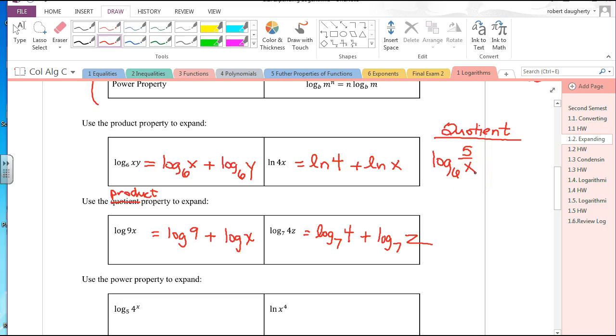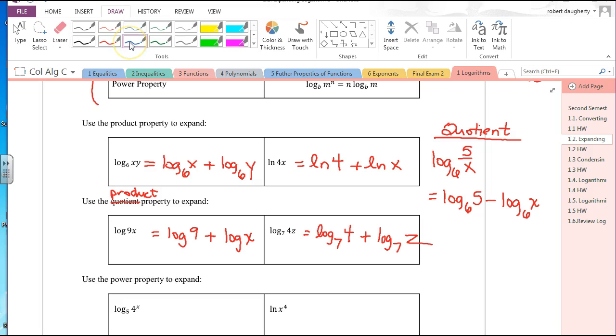Using the quotient rule, this is log base 6 of 5 minus log base 6 of x. So the product rule is the log of two things multiplied is the sum of those logarithms. The quotient is going to be the log of the numerator minus the log of the denominator.